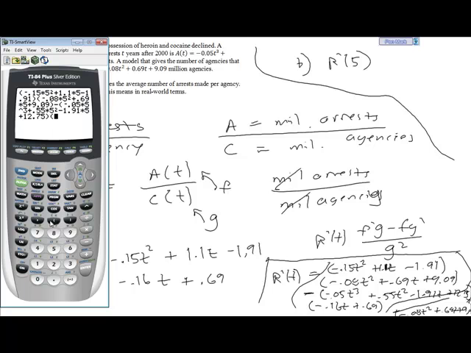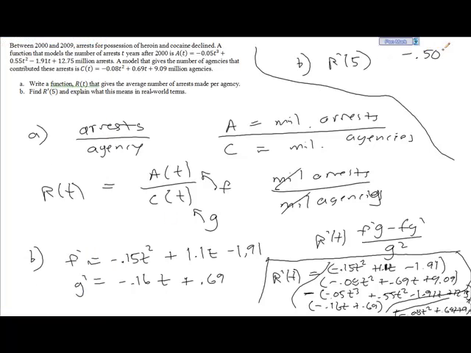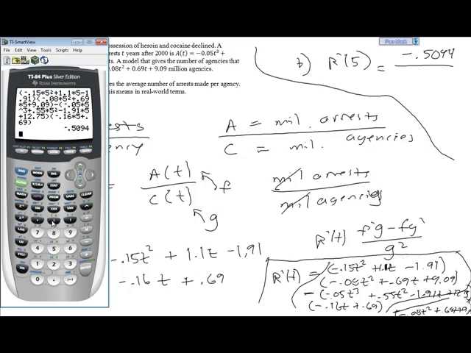And multiply that by negative 0.16 times 5 plus 0.69. That should be my entire numerator right there. And so I get negative 0.5094.